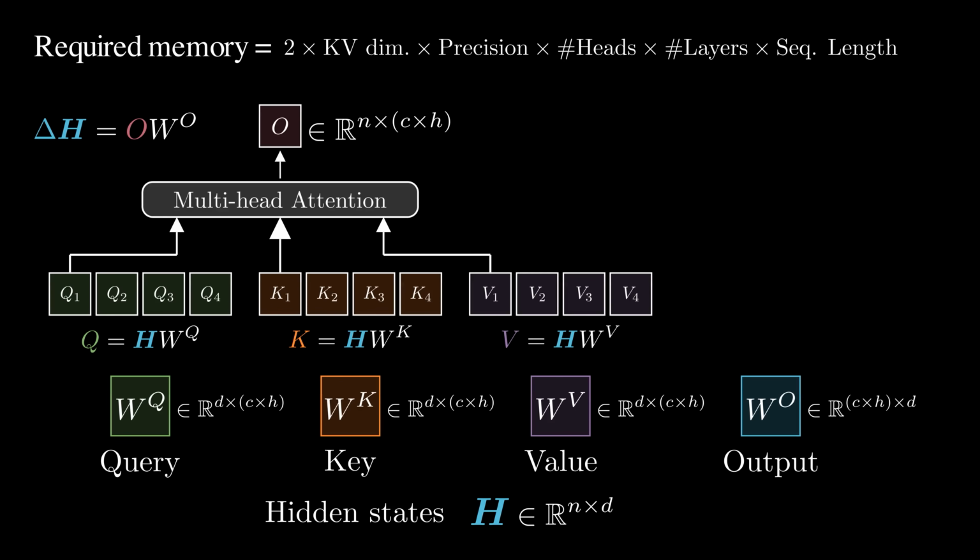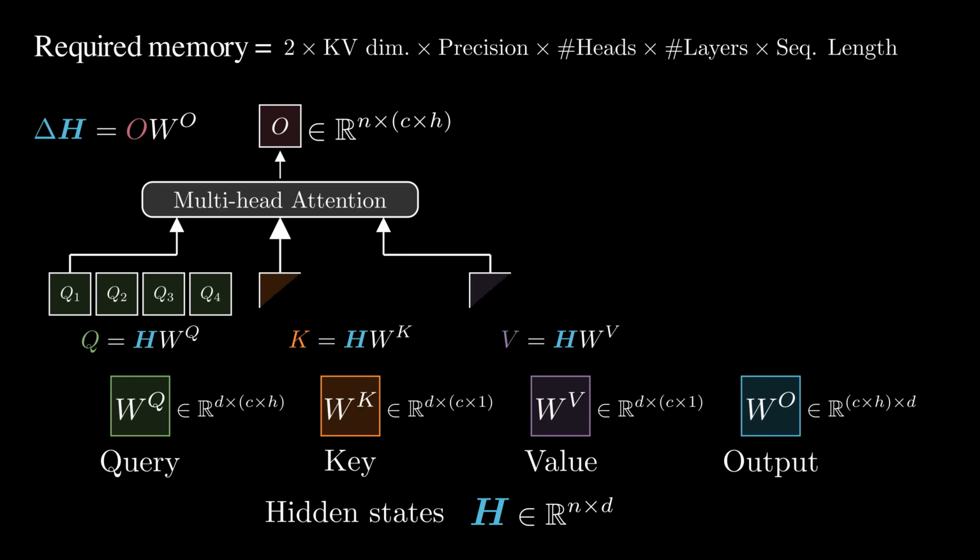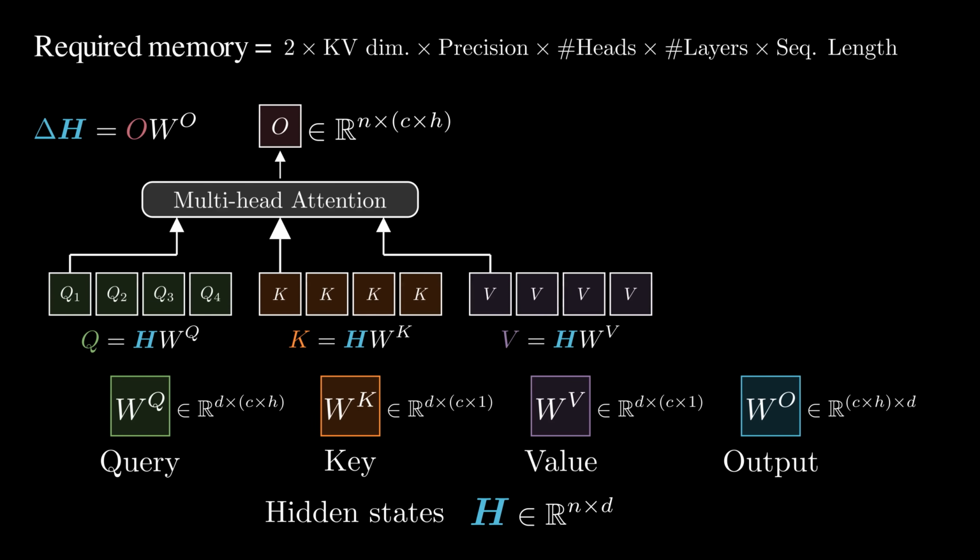One simple idea is to reduce the number of heads for key and value matrices from H to 1. In this setup, we generate just a single set of key and value vectors for each token. The key and value vectors are then shared across all attention heads. This approach is called multi-query attention, or MQA for short.